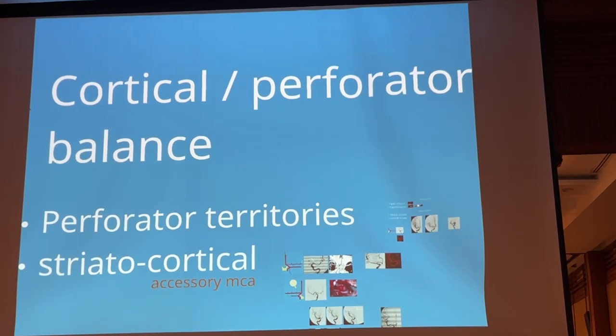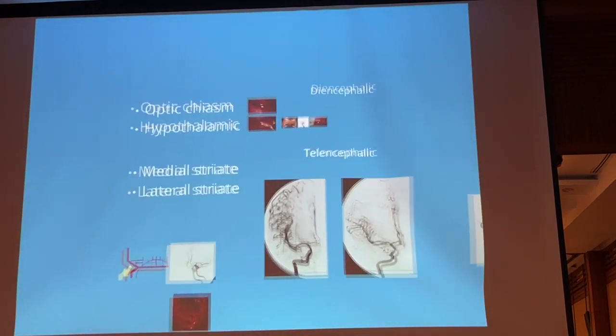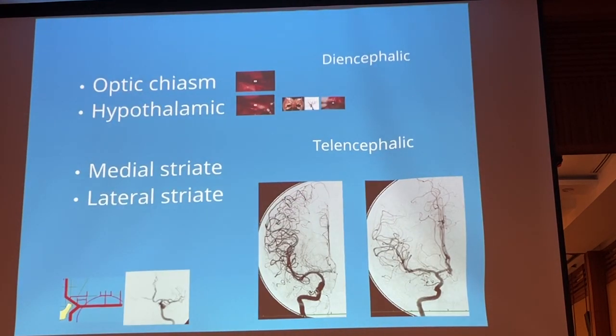Pierre described two different kinds of perforated territories around us. So we've got central deep perforators that are supplying the optic chiasm and hypothalamic area, so these are diencephalic perforators.